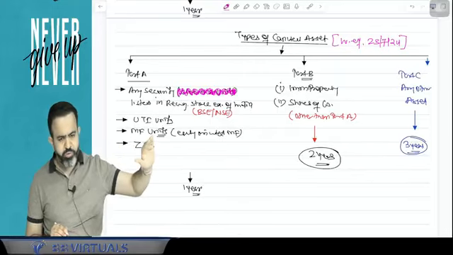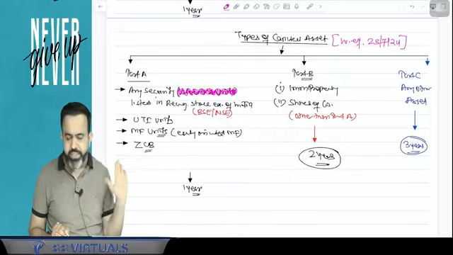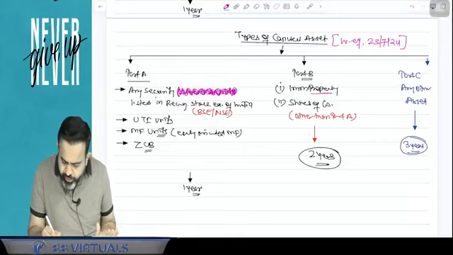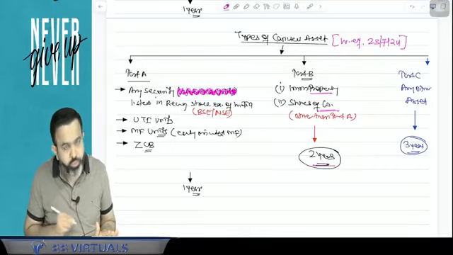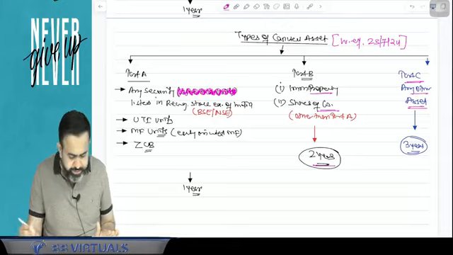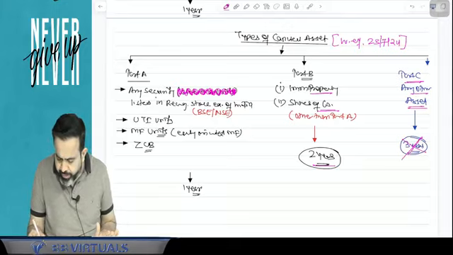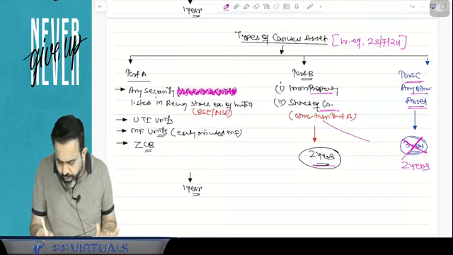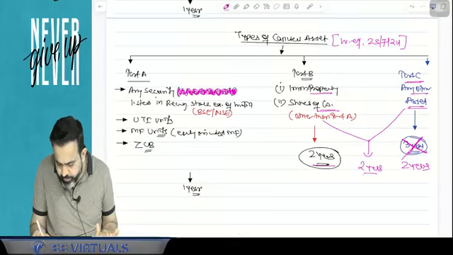UTI unit, mutual fund unit, zero coupon bonds, 1 year. Now guys in part B, immovable property and share of company is 2 years, and in part C, any other asset, that 3 year time limit is removed, and now here also 2 years. So in simple words, now in these two cases it is the 2 years period of holding.